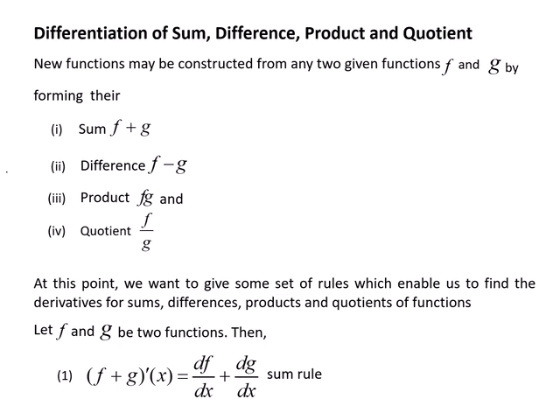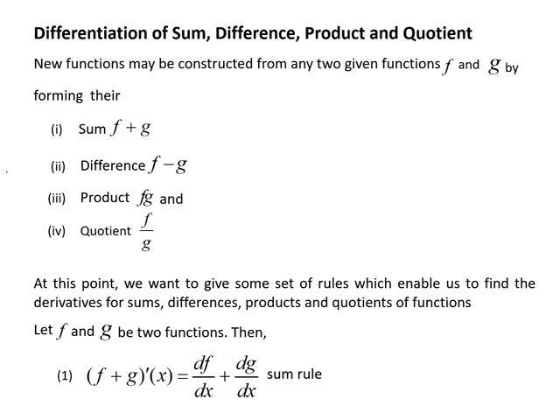Now we move to the differentiation of sum, difference, product, and quotient. All these we are going to be looking at one after the other. New functions may be constructed from any two given functions f and g by forming their, that is, Roman figure 1, their sum, that is, f plus g.